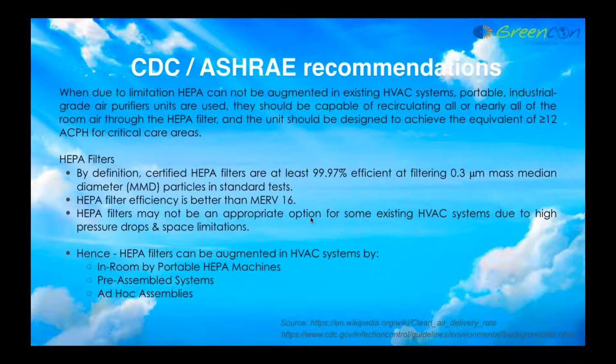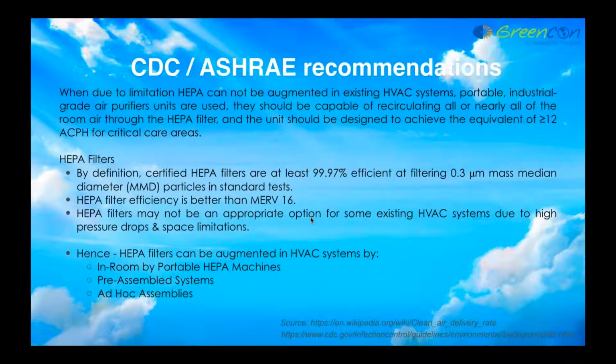So here CDC and ASHRAE both recommend that you can go for in-room industrial grade portable HEPA machines or have a pre-assembled system so that you are able to achieve the end result that you're looking at.